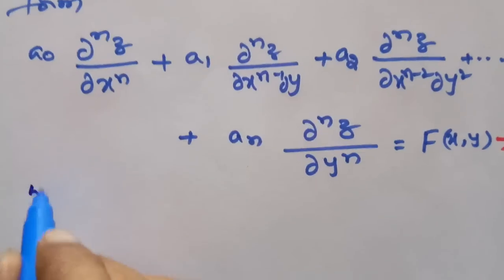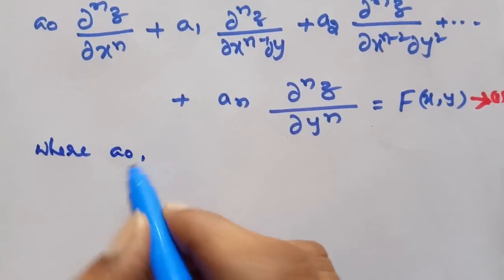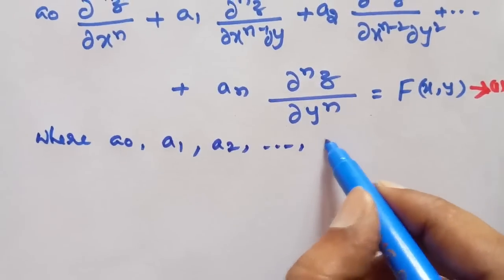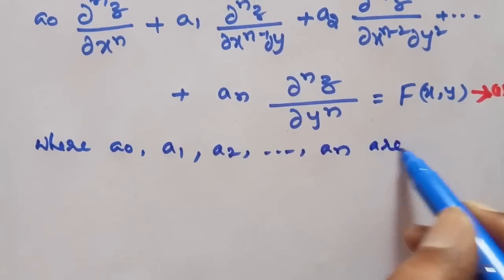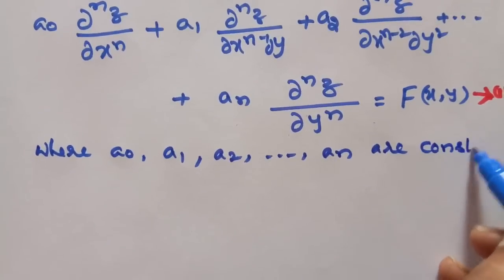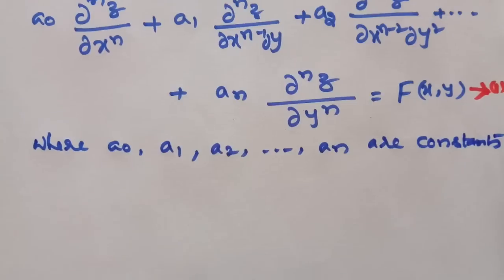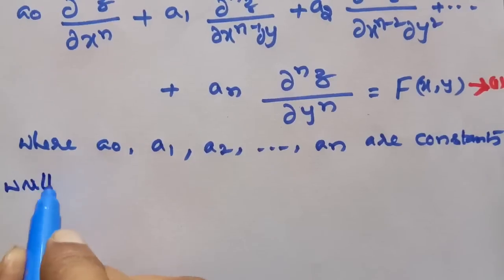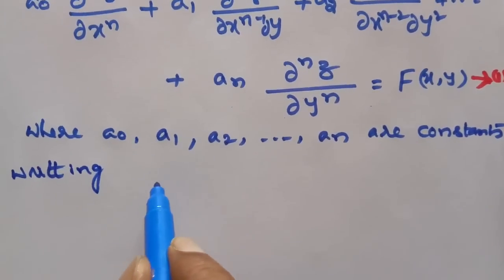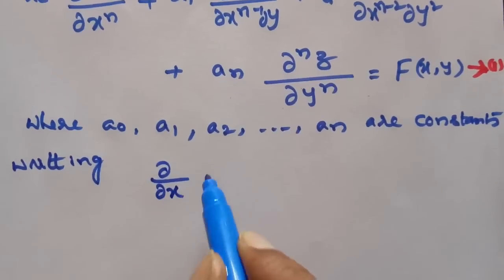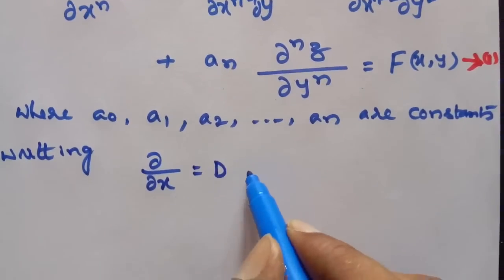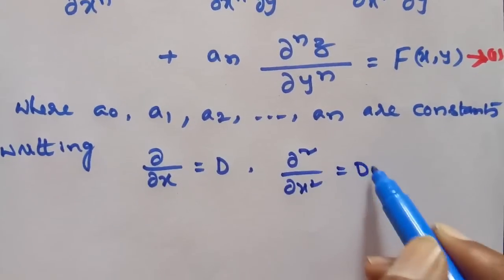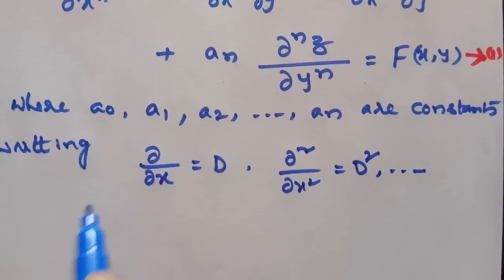Here, A0, A1, A2 and so on, An are constants. Now, writing dou by dou x equal to capital D, dou square by dou x square equal to D square and so on.